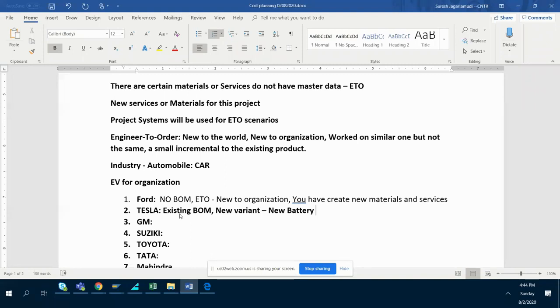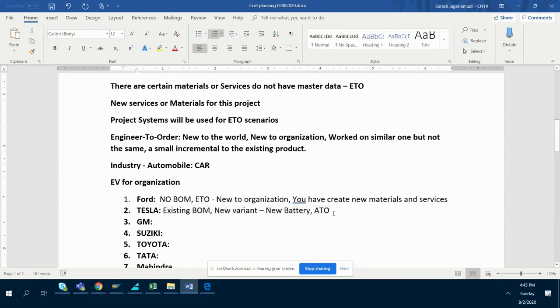He will give something else, so like that he is going to bring the new variants. That is why it is always going to go with the ATO scenario. Why? Because, by the way, the electric vehicle product is not a matured one. That is why you can't make use of MTS. You know what I'm saying?